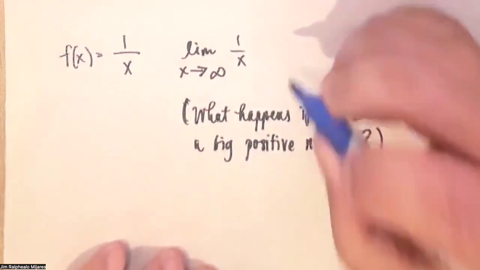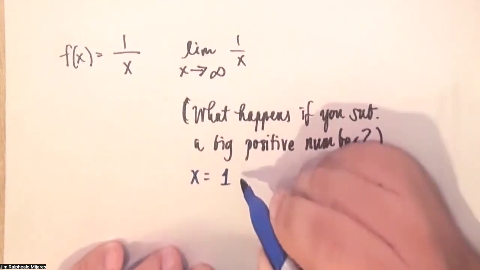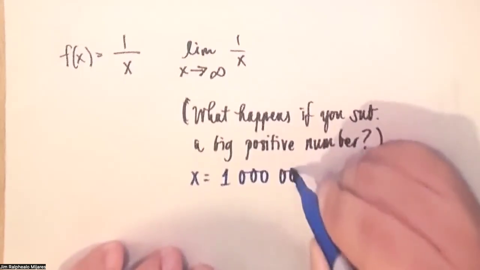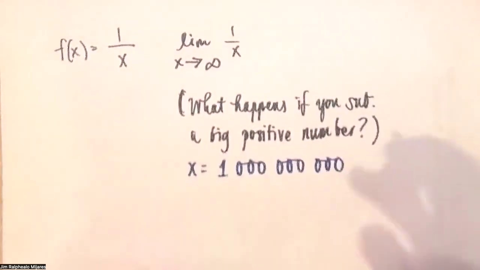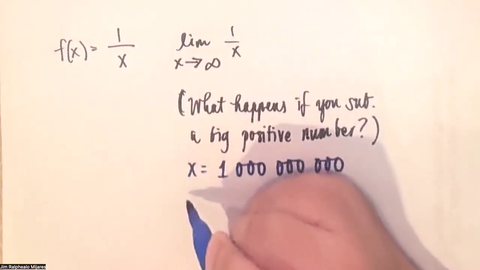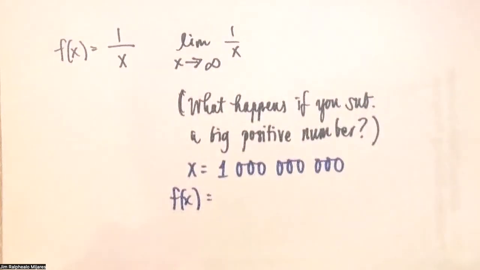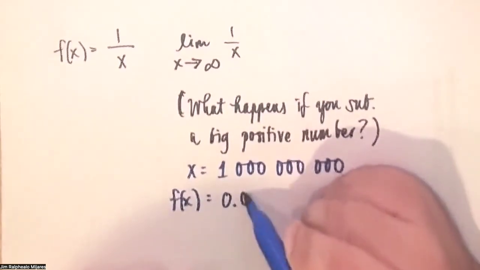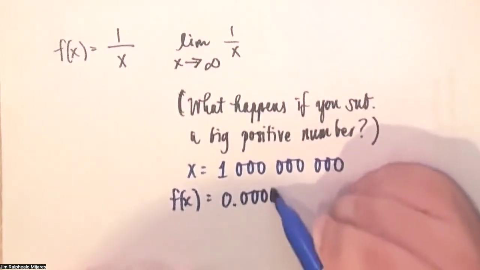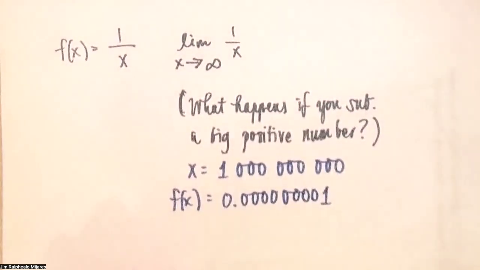So if x is say 1 billion, if x is 1 billion, what does f of x become? Notice that it becomes 1 with 8 zeros, right?